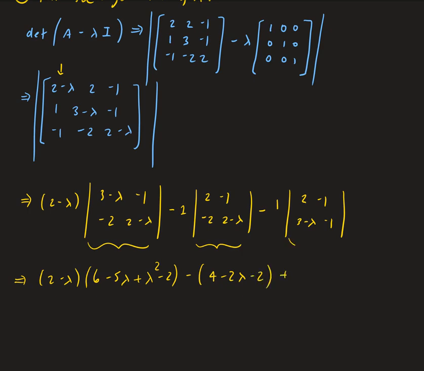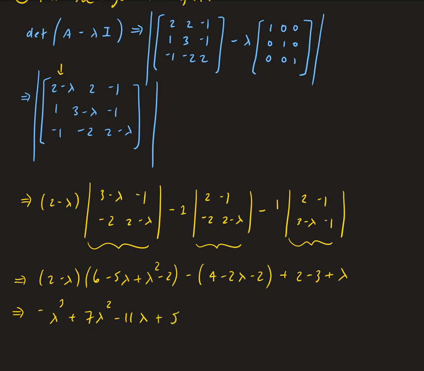And here we distribute the minus 1, so I get 2 minus 3 plus lambda. Now we can multiply everything out and simplify. That's going to give us minus lambda cubed plus 7 lambda squared minus 11 lambda plus 5.